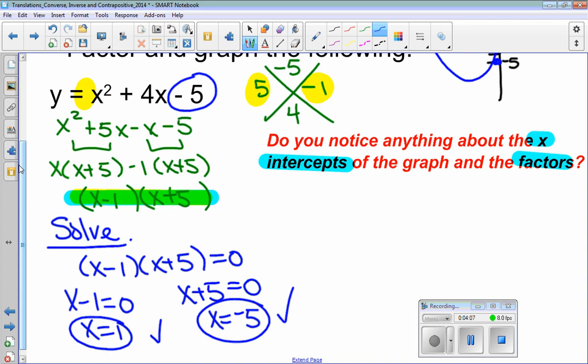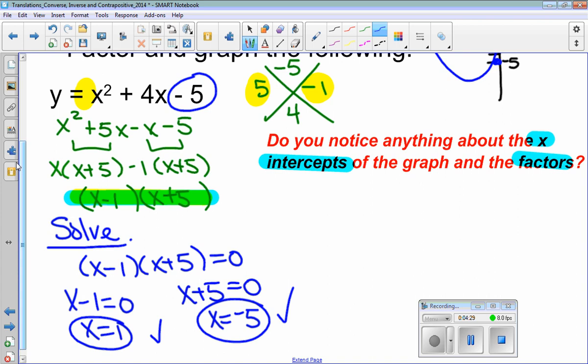Okay? So in your homework that you're going to have tonight, you're going to have to factor and then solve. You don't have to graph, okay? You're just going to be solving using the factors. So let me go ahead and tell you, your homework is page 229, 9 through 17 all, guys.